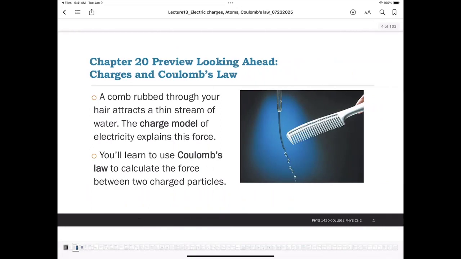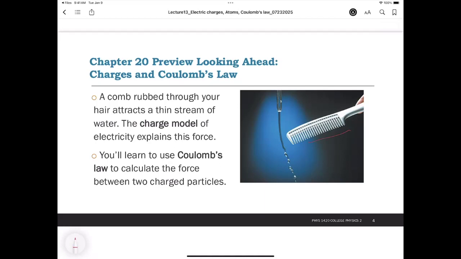Before we start today's class, let's look ahead to preview chapter 20. Firstly, charges and Coulomb's law. You can see a very interesting situation: a comb rubbed through your hair attracts a thin stream of water.